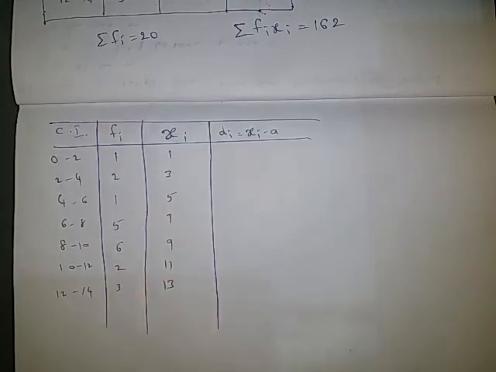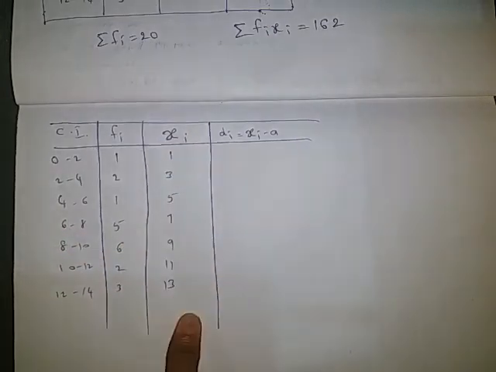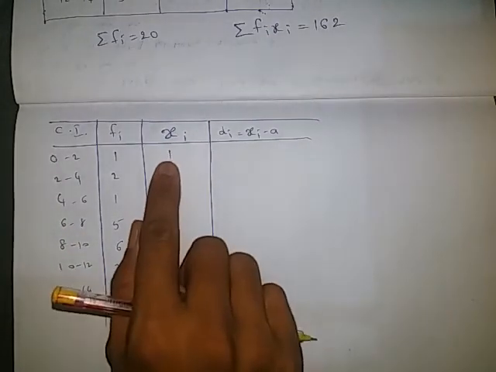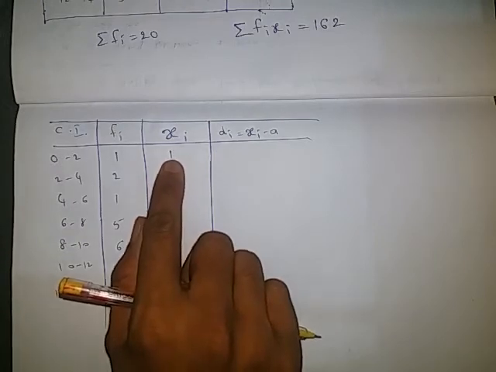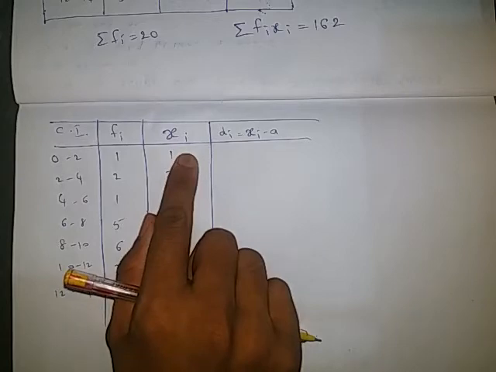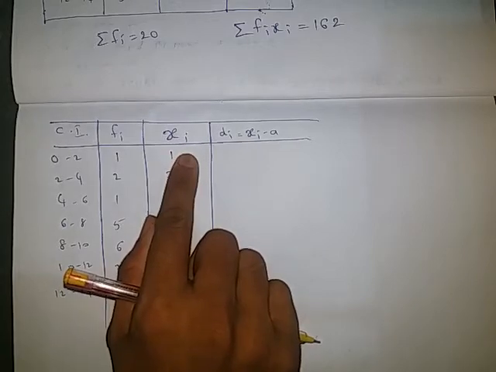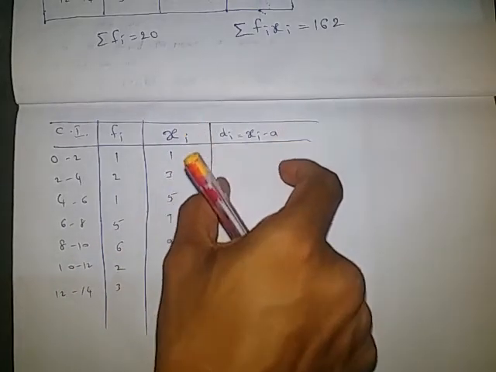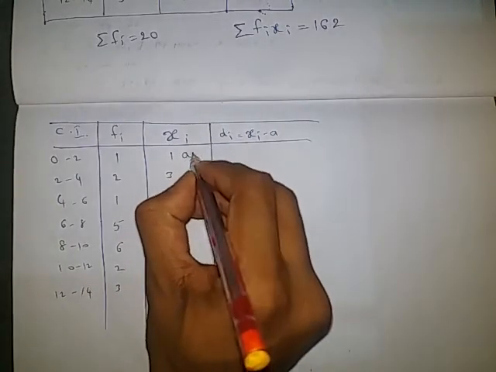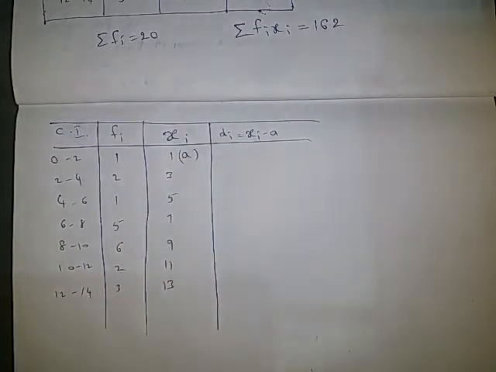That is not correct. You can take any number from anywhere in the class marks column. So always prefer to take from the beginning, because if you take the first number as the assumed number, you won't get any negative numbers in the next column. So I am taking the first number itself as the assumed mean.